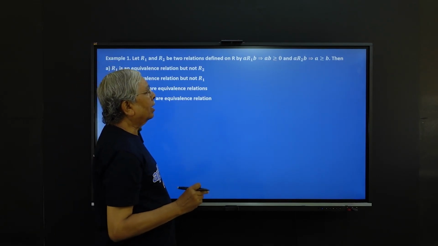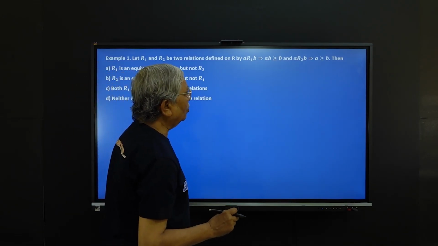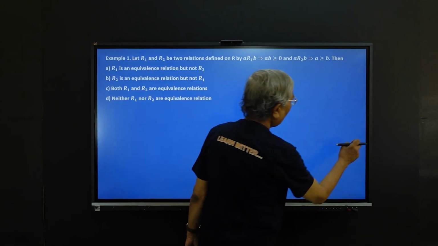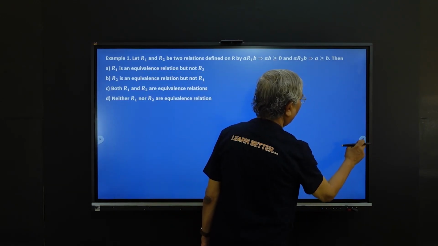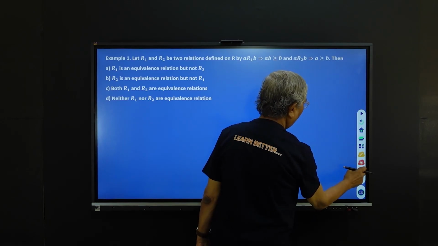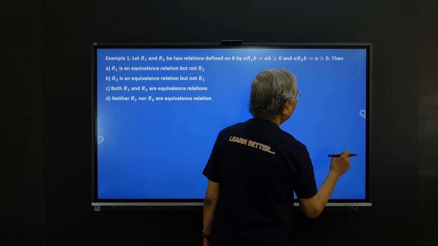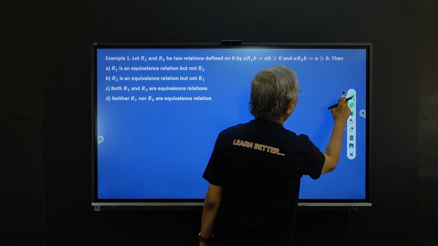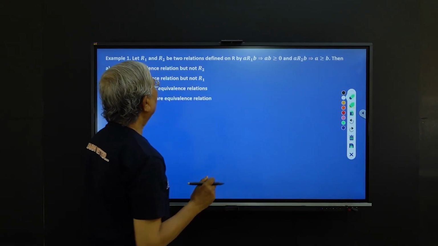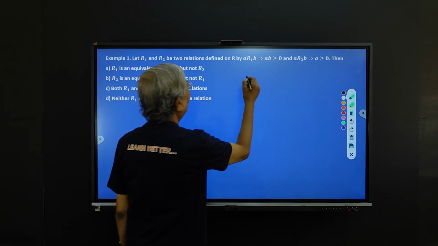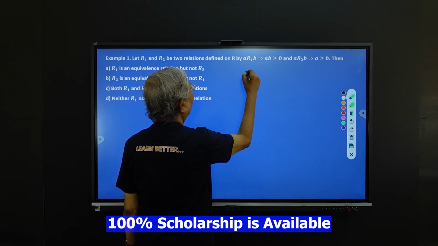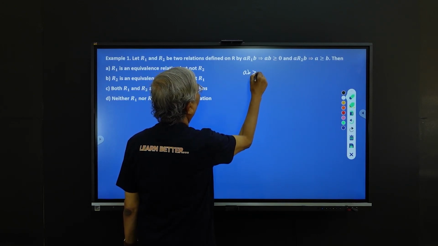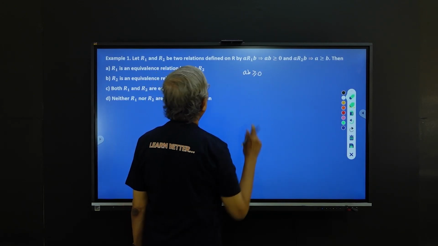a R1 b implies ab greater or equal to 0. The relation is this: ab greater than or equal to 0.